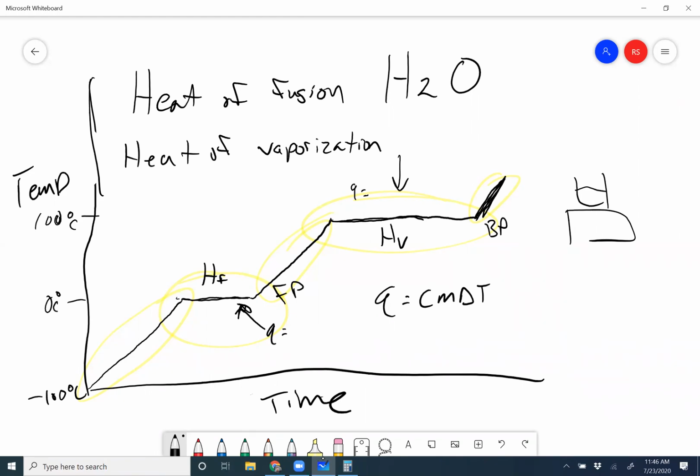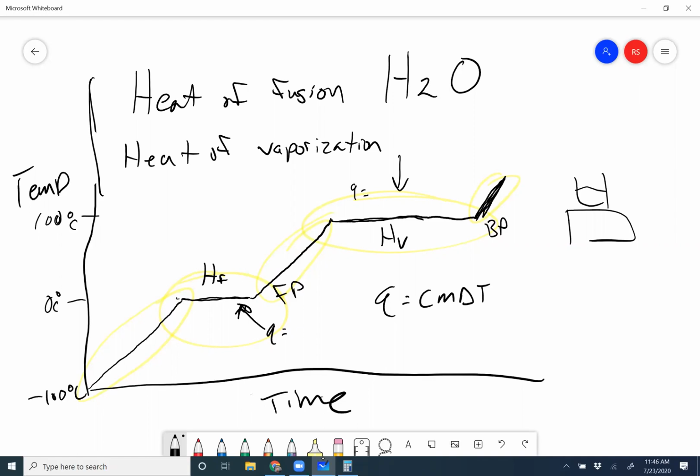Remember when we talked about intermolecular forces? One of the ways that water was super unique was because of the hydrogen bonding in the water. And this graph right here really showcases the strength of those hydrogen bonds.